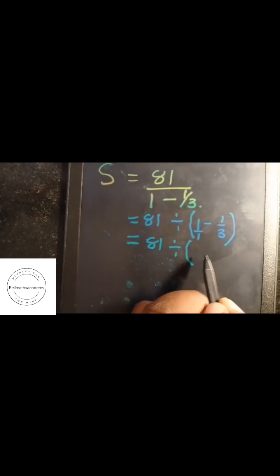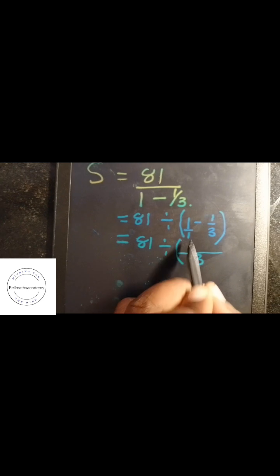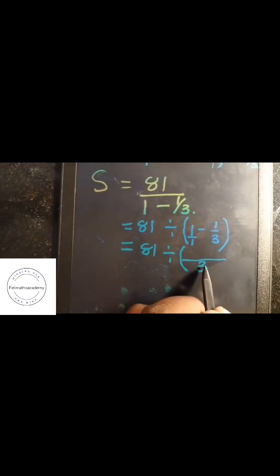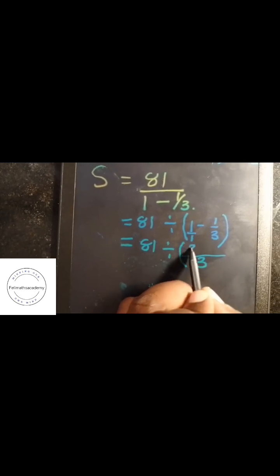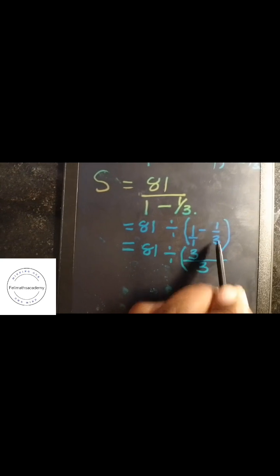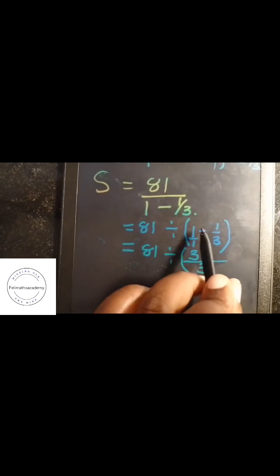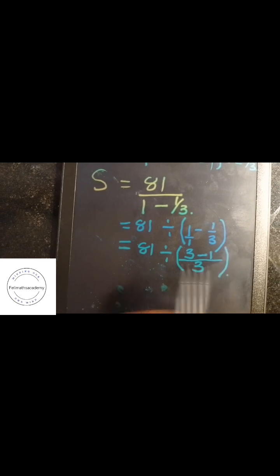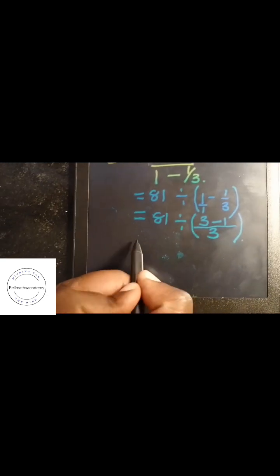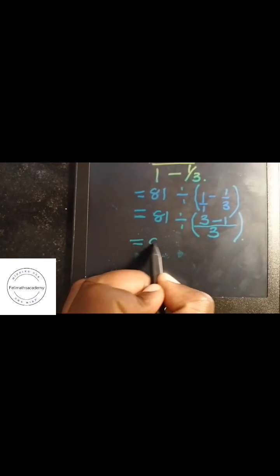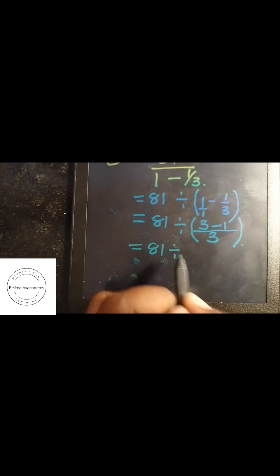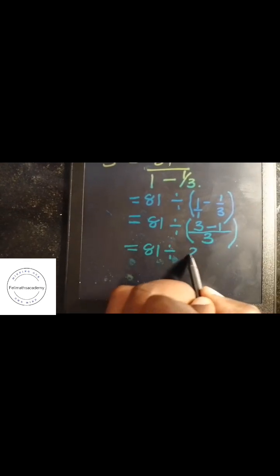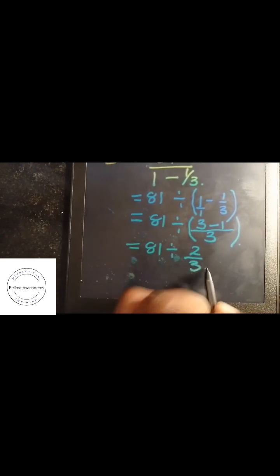So the common denominator there is 3. 1 into 3 is 3, 3 times 1 is 3. 3 into 3 is 1, 1 times -1 is -1. Then this is the same as 81 divided by 3 minus 1, it's 2 over 3.